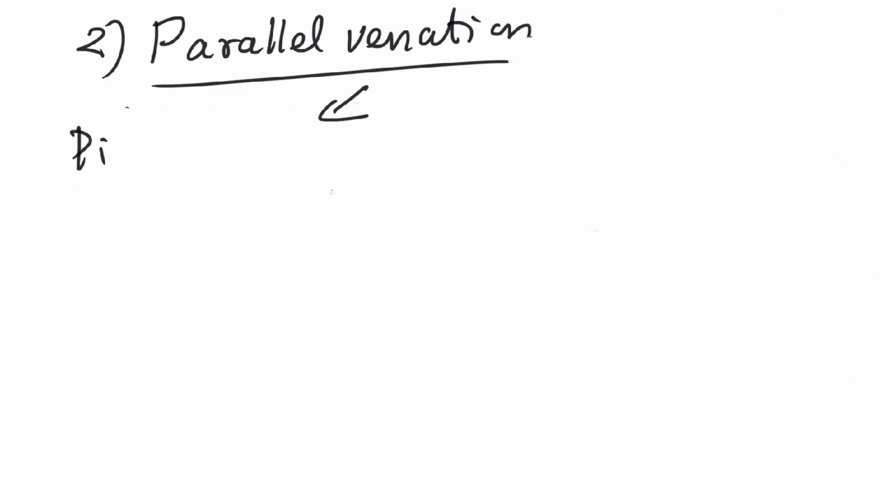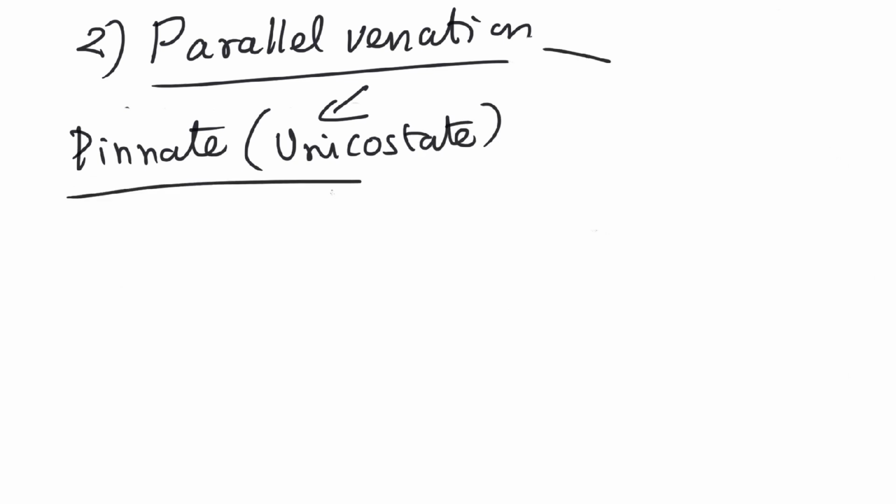Now, as in the case of reticulate venation, we have subdivisions for parallel venation also, and the subdivisions are two, that is pinnate or unicostate and palmate or multicostate.